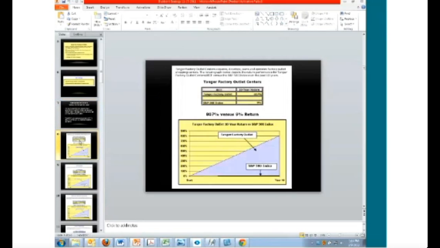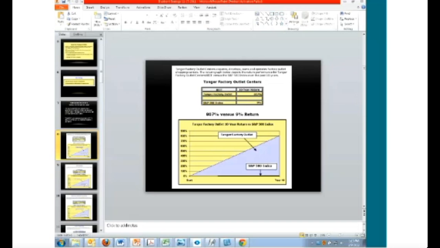And here's a profit comparison between Tanger factory outlet centers. They own the factory outlet centers. A lot of you may have shopped at these kind of centers. But over the last 10 years, this REIT has returned 807% versus 9% for the S&P.